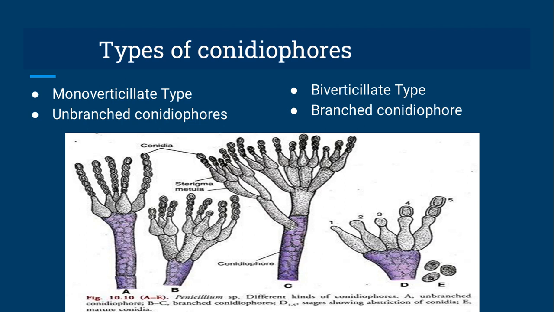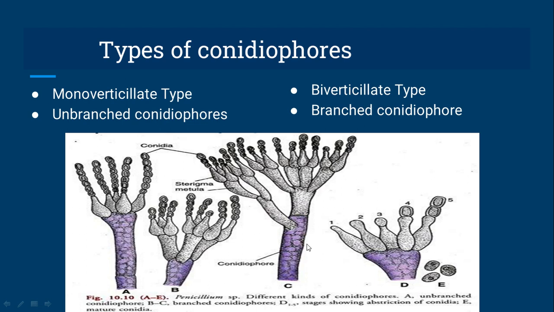monoverticillate type. What do you mean by the biverticillate type? Biverticillate type is a branched structure. The conidiophores have branches, and each branch is divided into metulae. Ultimate branches are called the metulae. Each metula, see in the diagram, bears flask-shaped bodies, and these flask-shaped bodies then bear a chain of conidia.